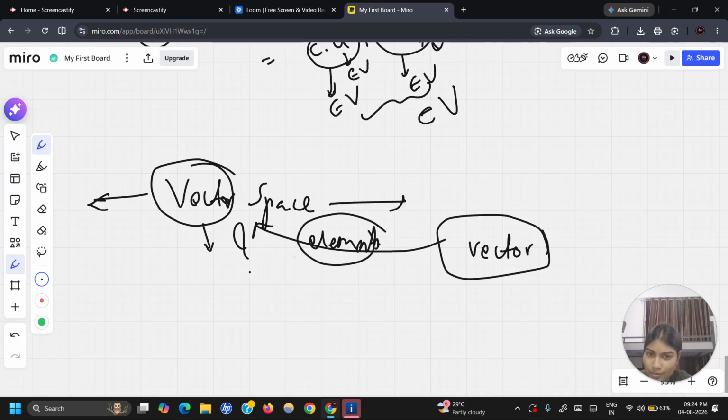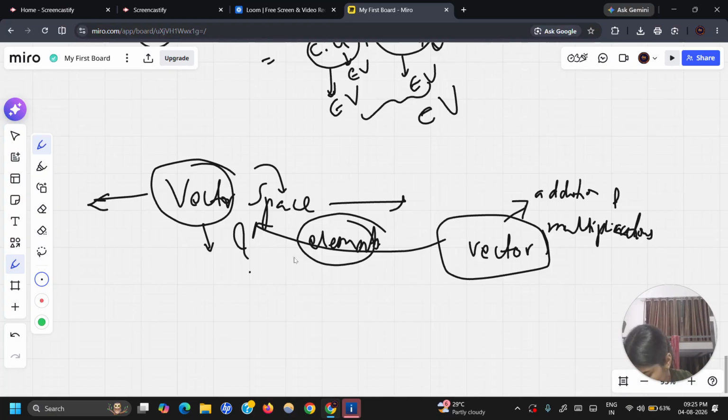The elements of a vector space are vectors, and they strictly follow addition and multiplication operations. It has some rules. It follows some rules of addition and multiplication.